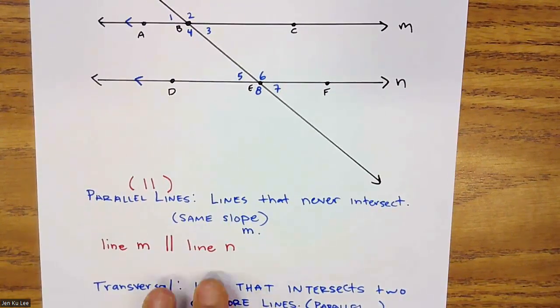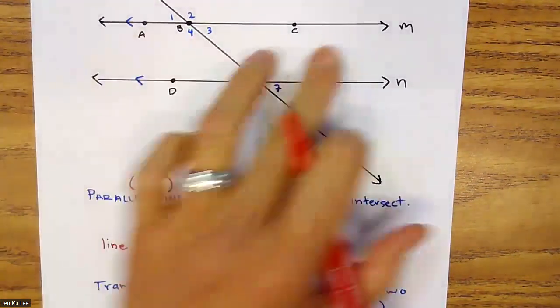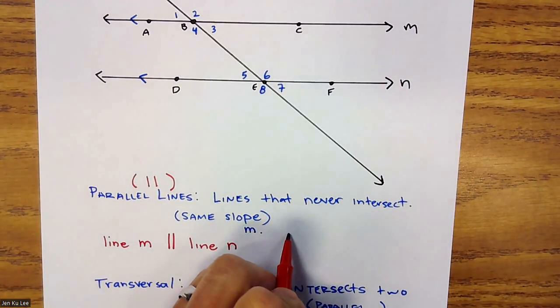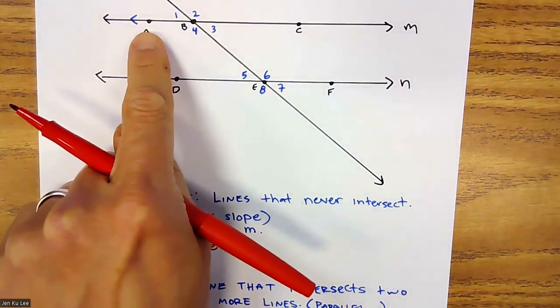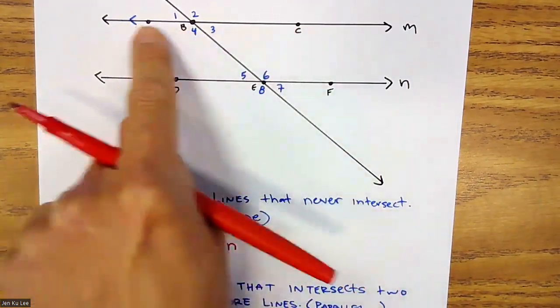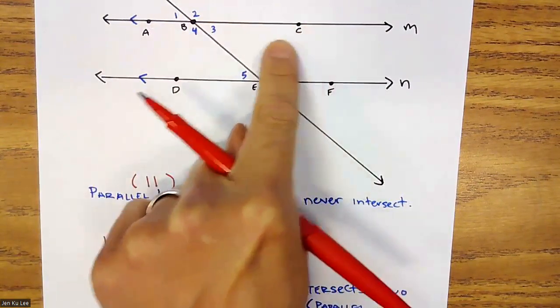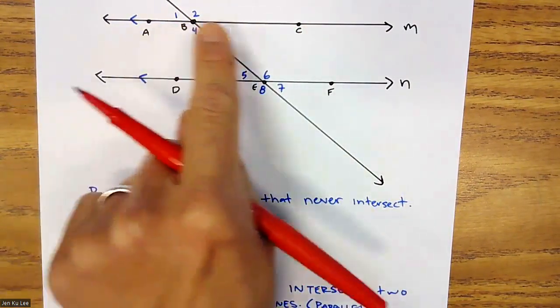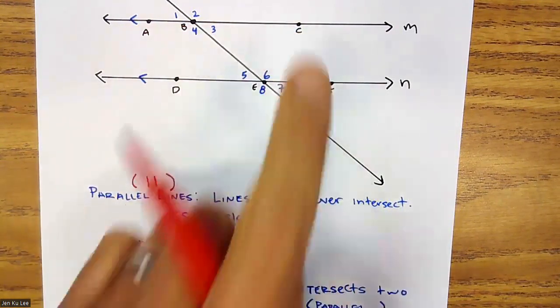Okay. Or I can label these lines using the points. Okay. So I can use this first line M. I can use any 2 points here to label this line. So it goes from A to, let's say, C, AC.